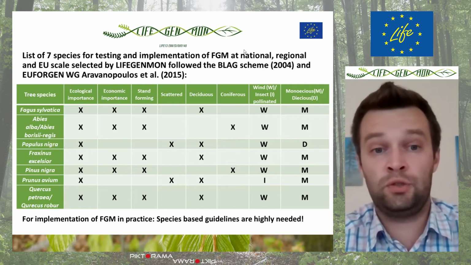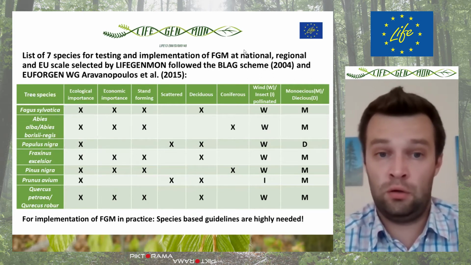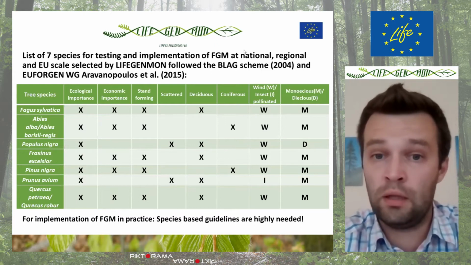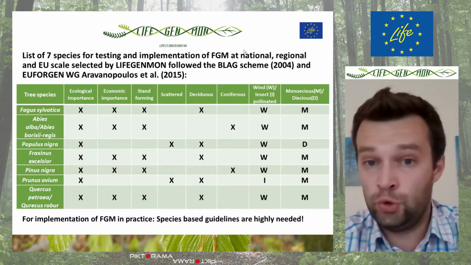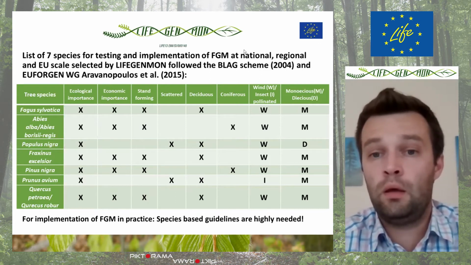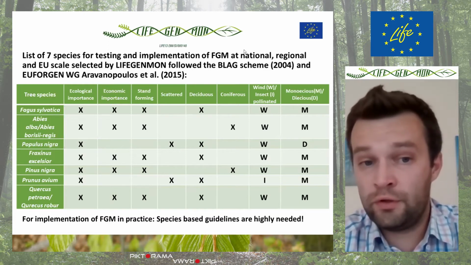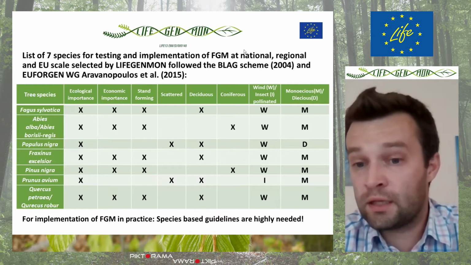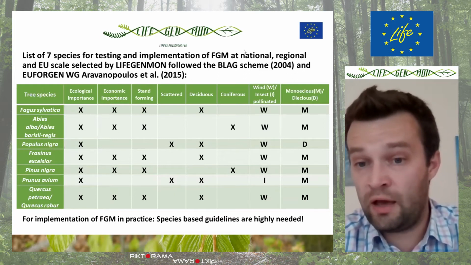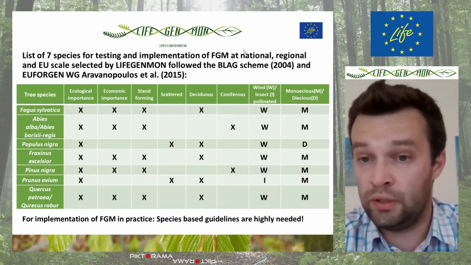As you can see, we selected 7 tree species, which are all, of course, ecologically important, but for example, only 2 scattered tree species, Populus nigra and Prunus avium. Also, we have 2 conifer tree species, Abies and Pinus nigra, and 1 insect-pollinated species like Prunus avium, and 1 dioecious tree species, for example, Populus nigra.